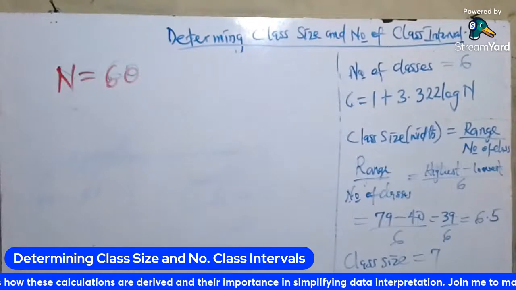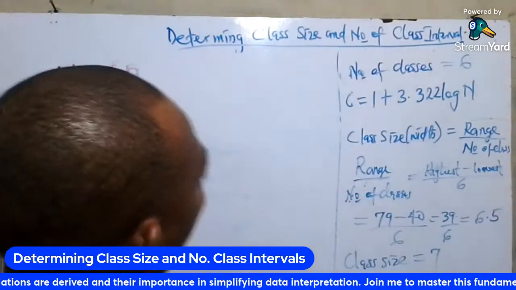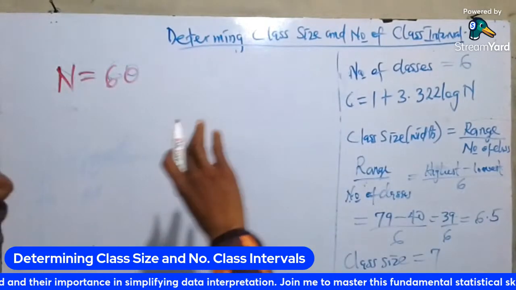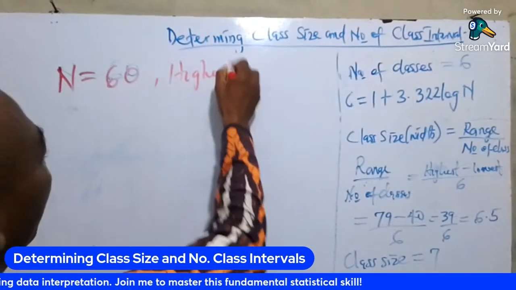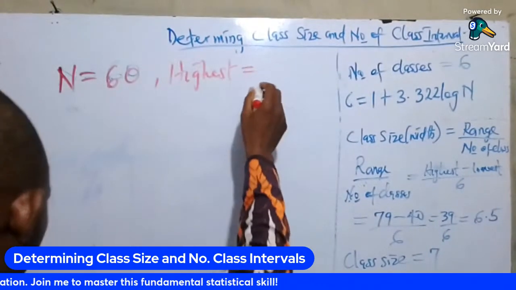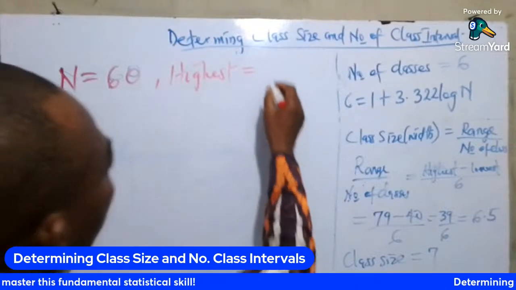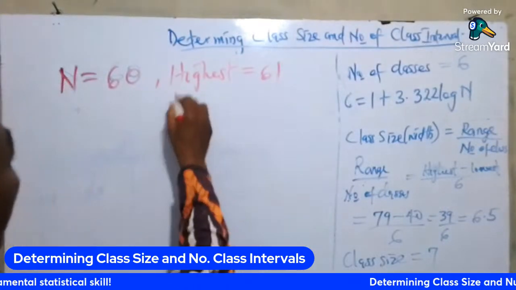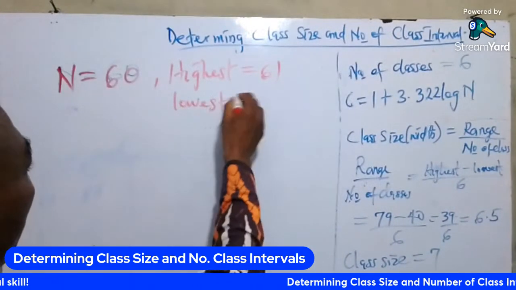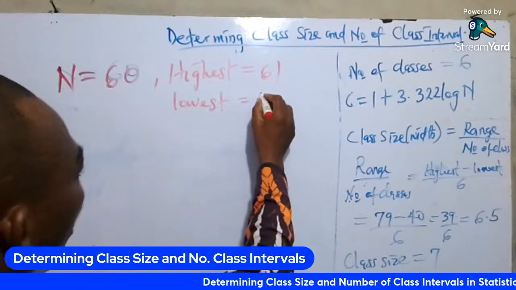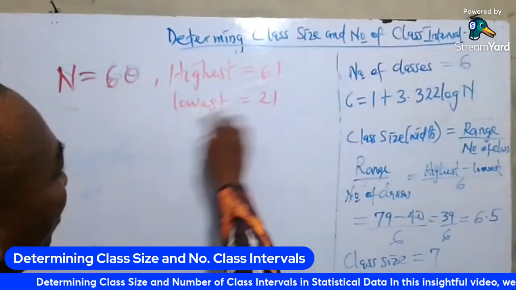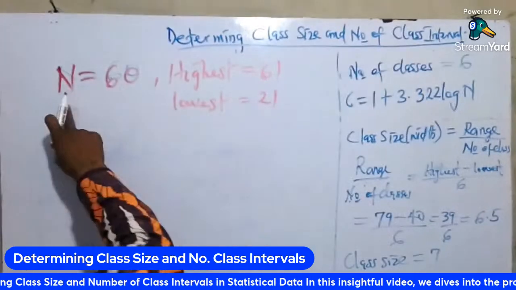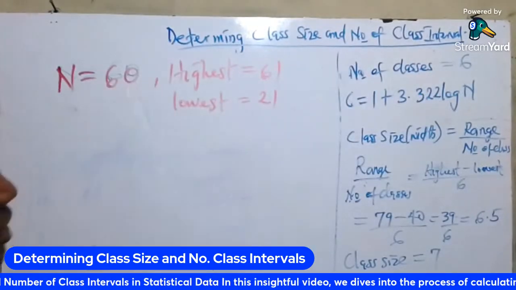And of all the observed values they give you, all the data given, the highest figure there is 61 and the lowest number there is 21. And the total number given is 60.